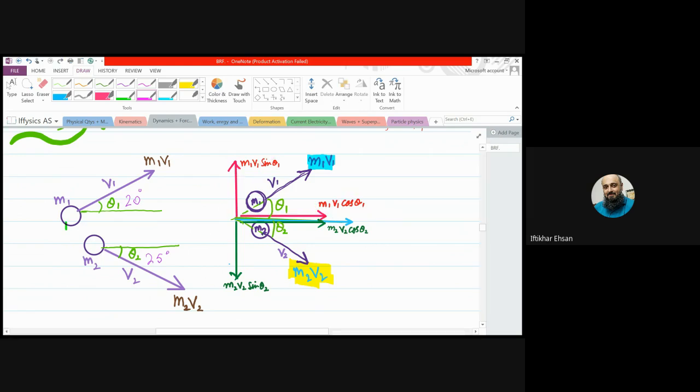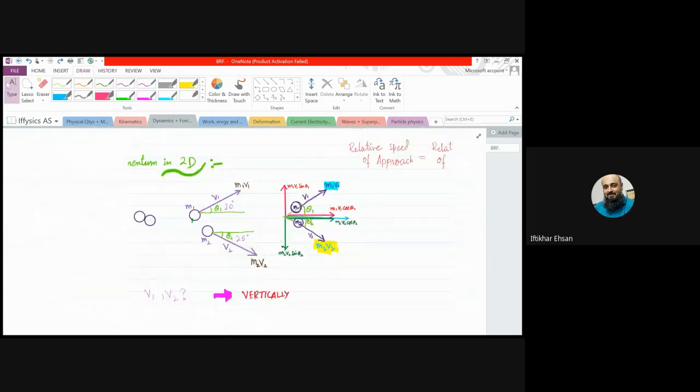Similarly, beta, for the lower one, m2 v2, its horizontal component will be the original times cos of theta. Here the angle is theta 2, the previous one was theta 1. And the vertical component is the original times sine of theta 2.